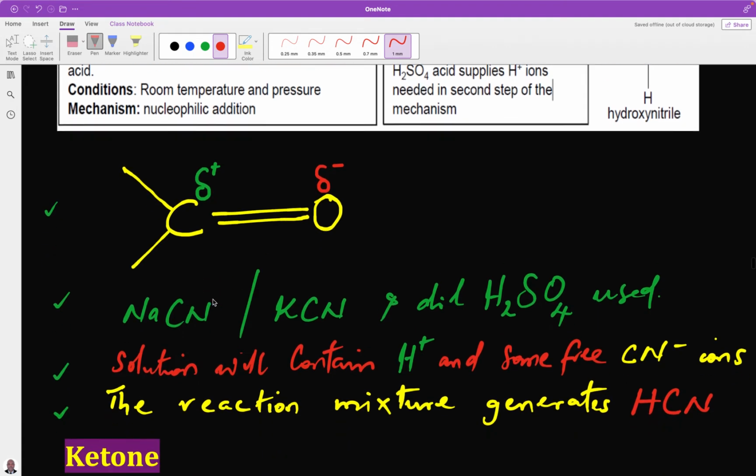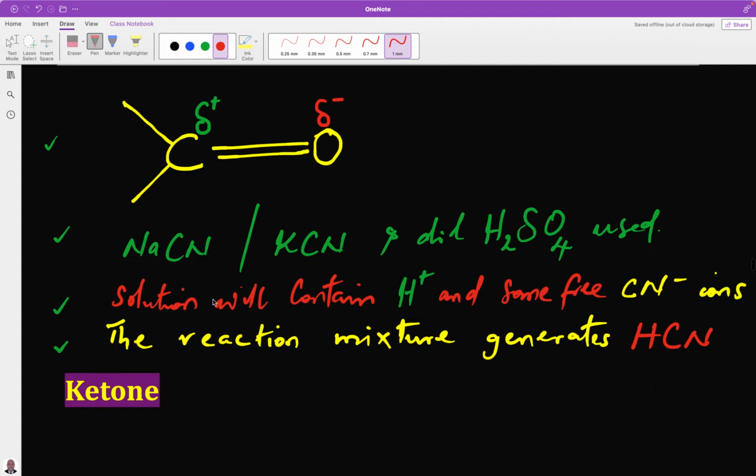As I said, we cannot use hydrogen cyanide alone because it is poisonous. So the reagent that we'll have to use would be sodium cyanide or potassium cyanide with dilute sulfuric acid.